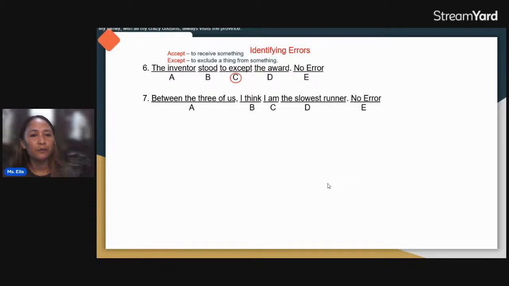Number 7. Between the three of us, I think I am the slowest runner.